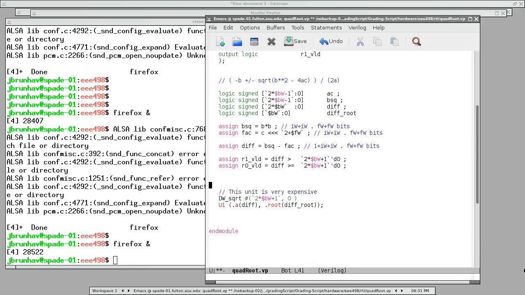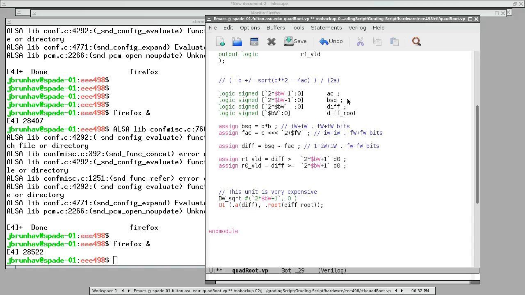The question in the comments, coming back to the first question, is: isn't BSQ having a bit width of 2 BW, so one more should be 2 BW plus 1? But if we have 2 BW plus 1 : 0, it's 2 BW plus 2 bits. No. Don't worry about double asking questions.